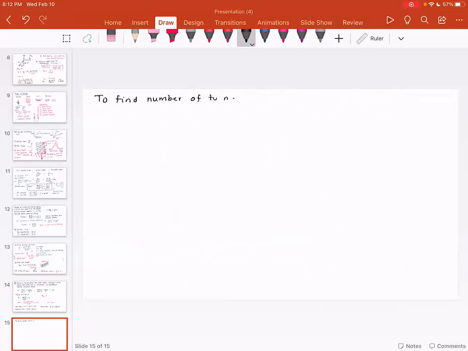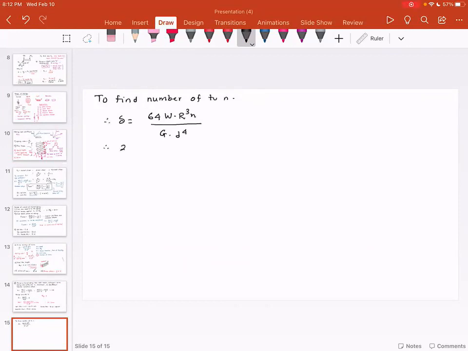We use the equation delta is equal to 64 W R cube N divided by G d to the power 4.